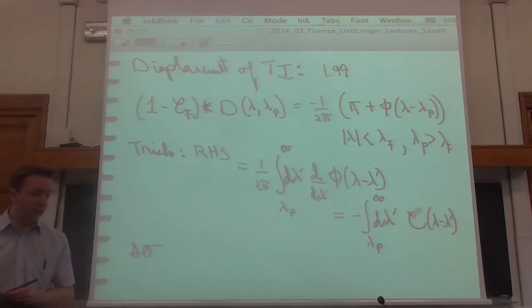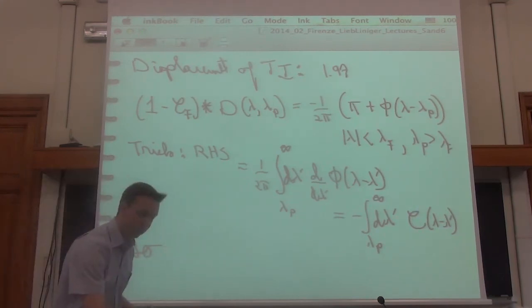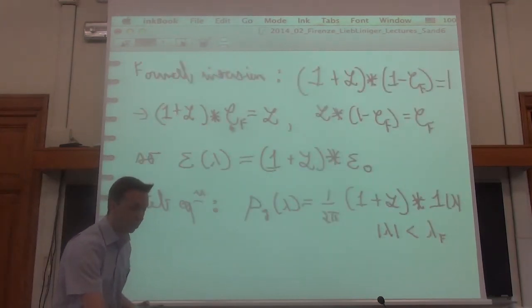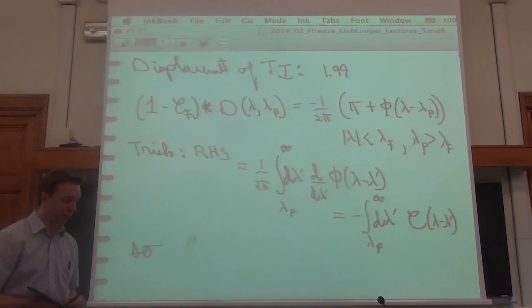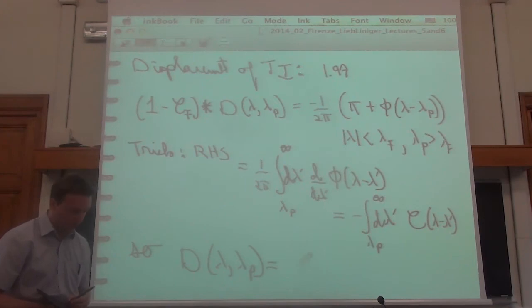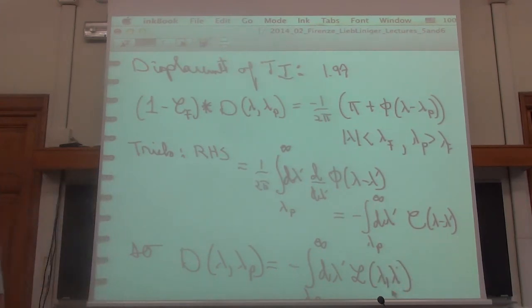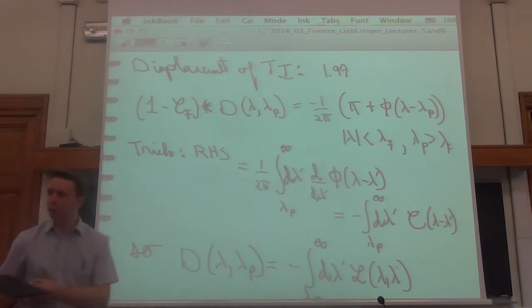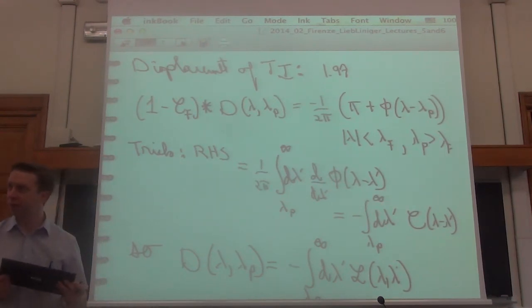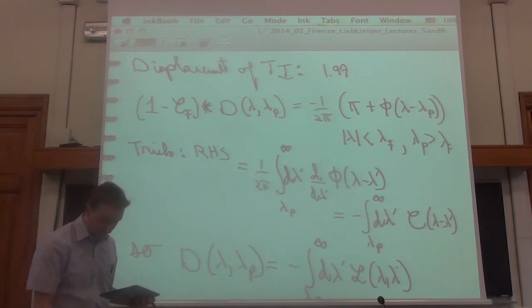But 1 plus L acting on C is L. Therefore, we get an explicit solution for the displacement, d of lambda p, which is simply equal to minus integral lambda p to infinity d lambda prime L of lambda prime. Okay? So we're just writing formal solutions for our functions this way, all relating. Okay, so that's very nice.